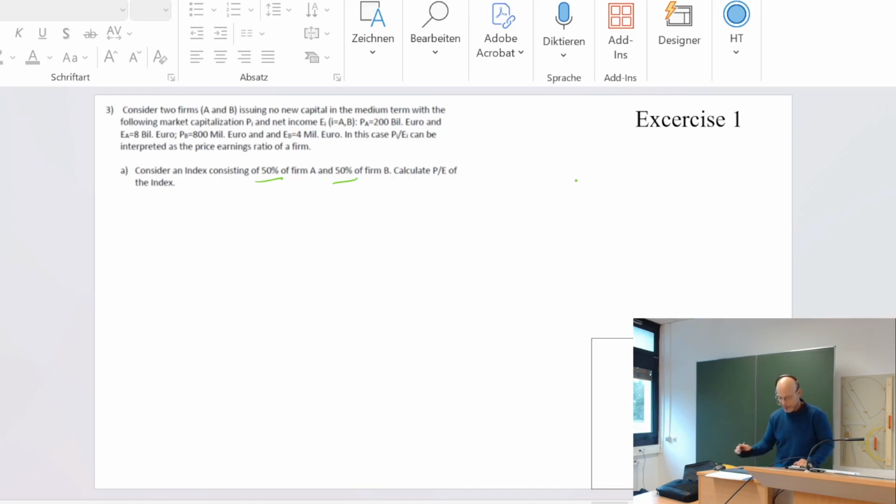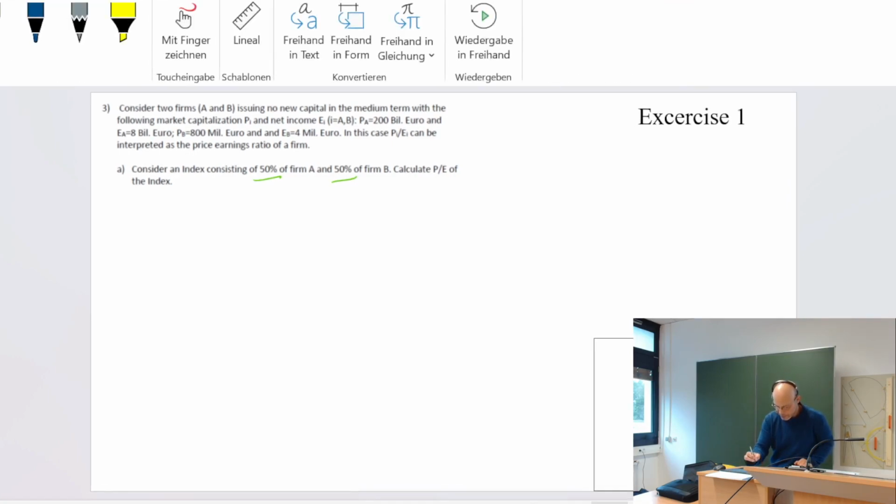Well, let's calculate the price earnings ratio for both firms.